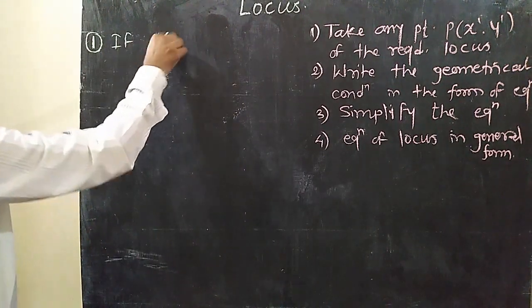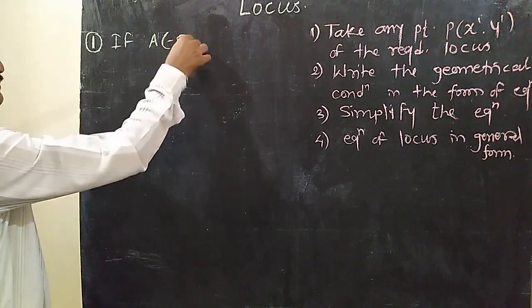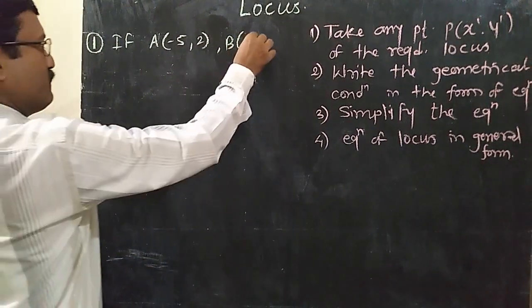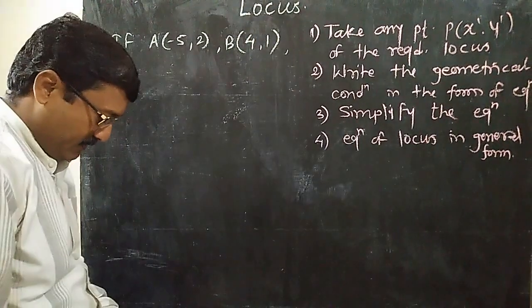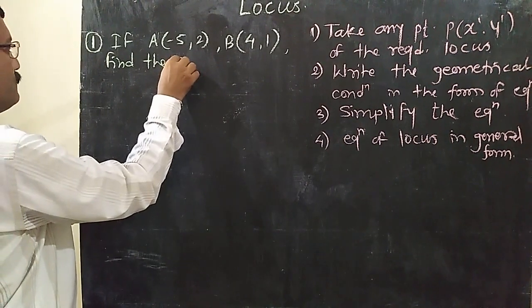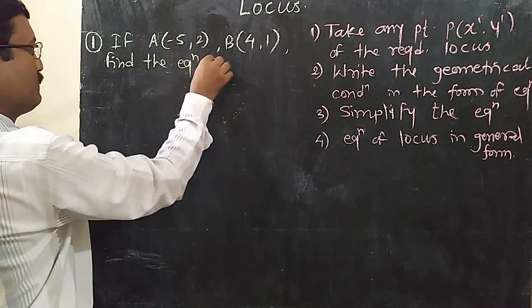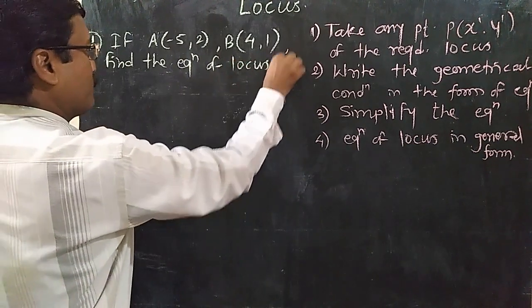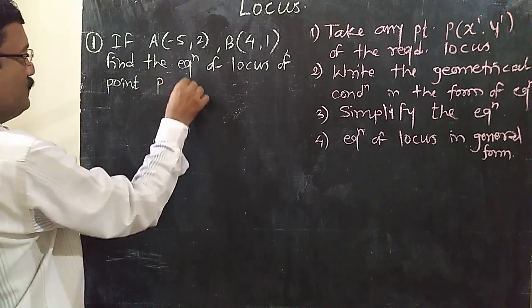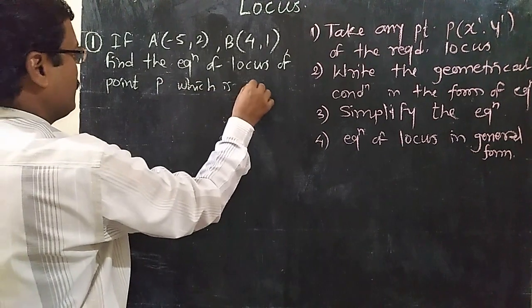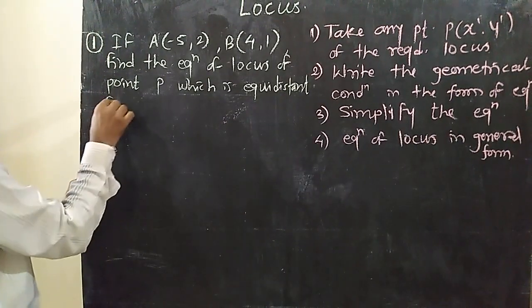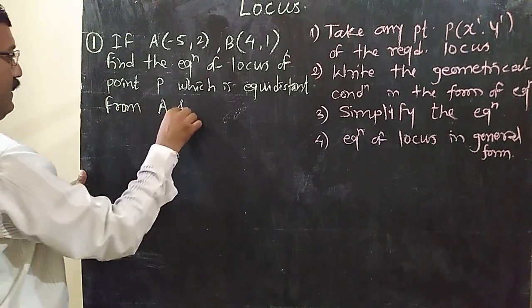If point A is (-5, 2) and point B is (4, 1), then find the equation of locus of points P which is equidistant from A and B.